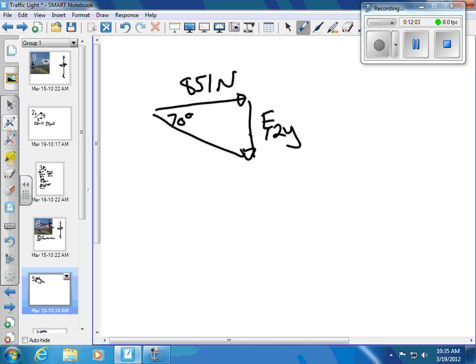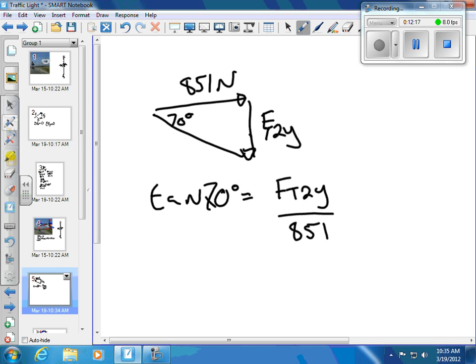We have opposite and adjacent, so use tan of 70 degrees equals Ft2y over 851.